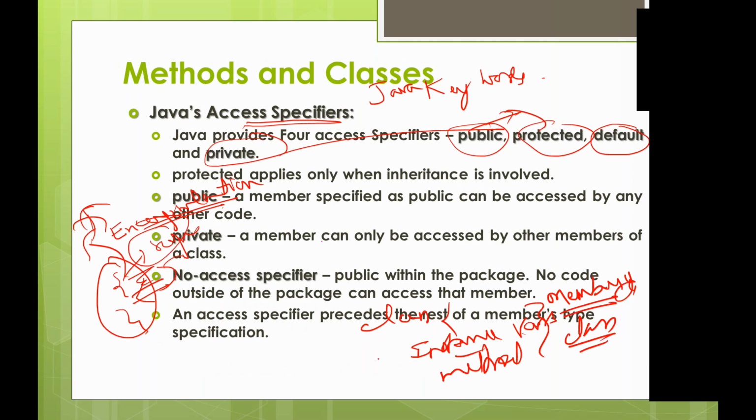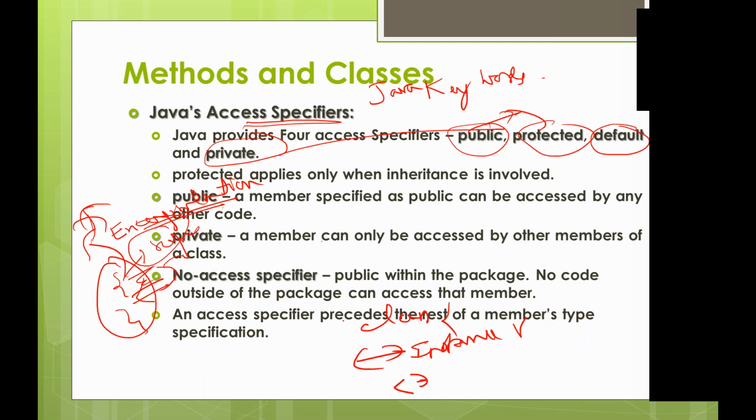So what access do you specify for these members of a class? That means which other parts of code can access these members of a class.